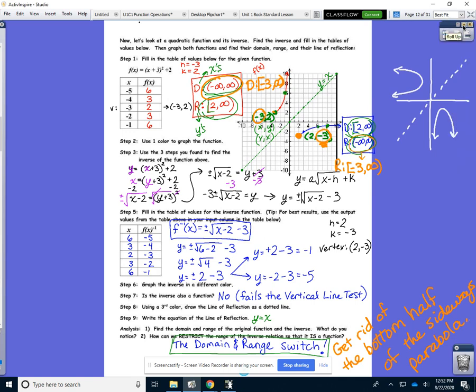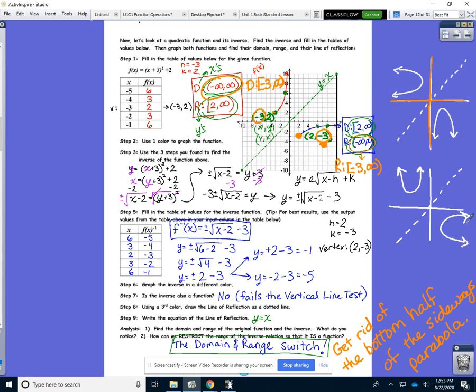So while we're on this page, I have this graph drawn on the right side of my screen. I just wanted to point out that in this particular investigation, we had a parabola opening upward, and we saw that when it reflected over the line of reflection, the parabola then opened to the right.